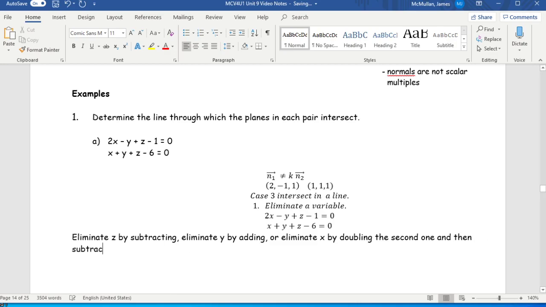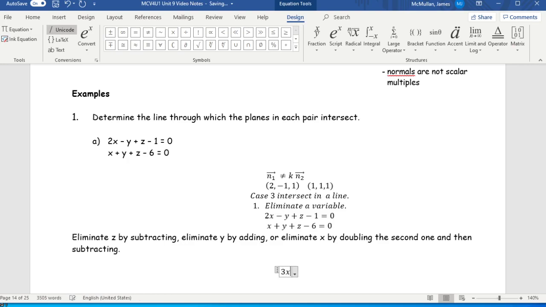Which of those is the easiest is obvious to me: we're just going to add them and we'll eliminate y. So when you add them together, you get 3x plus 2z minus 7 equals 0.